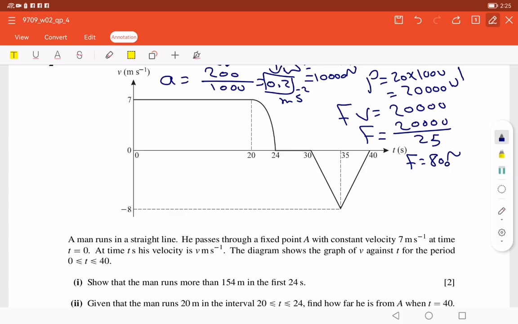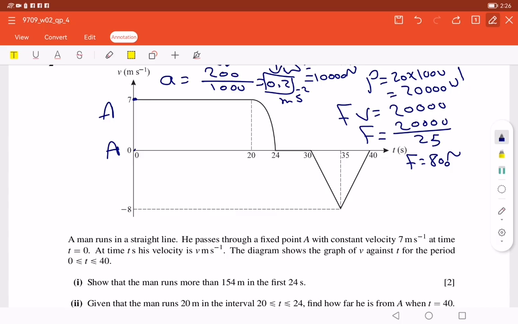A man runs in a straight line. He passes through a fixed point A when his velocity is 7 meters per second. What does it mean? It means this point is A. At time t equals 0, this point is also A. At time t seconds, his velocity is v meters per second.